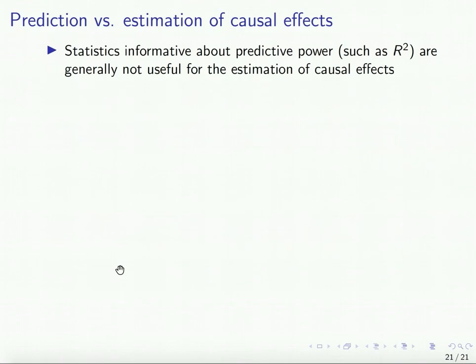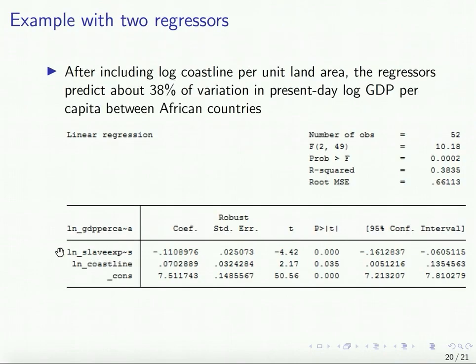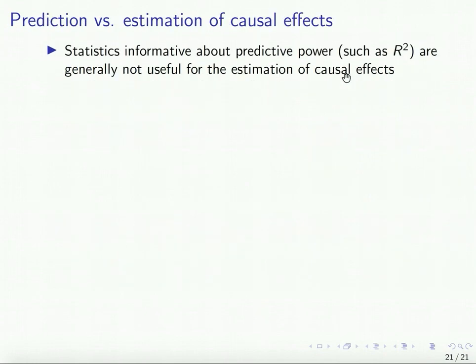And that takes us to why we waited so long before we introduced R squared. When we care about causal effects, or in our case, how the exporting of slaves is changing current economic conditions in African countries, we're really asking the question of what's the impact of X on Y. We're not really in the business of predicting Y itself.